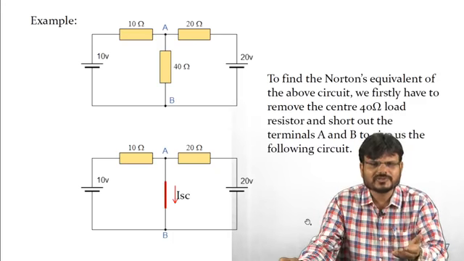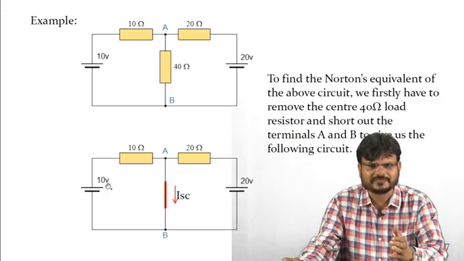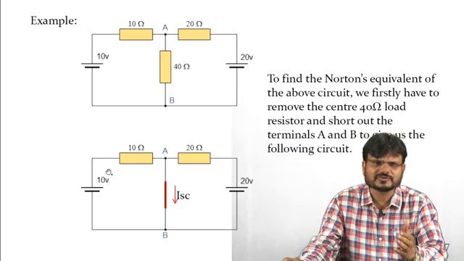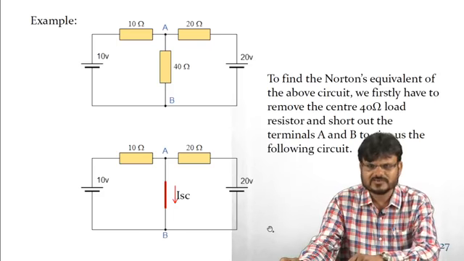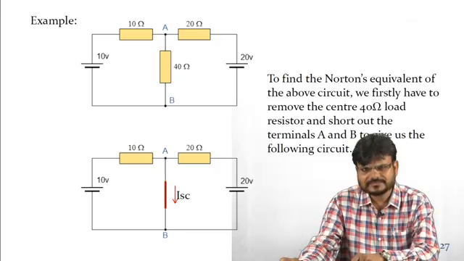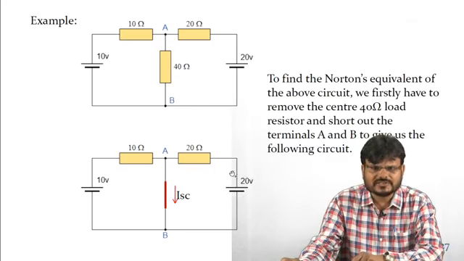So in the superposition theorem, what do you do? You have to consider one source at a time, and the remaining sources are replaced by their internal resistance. So first of all, you consider one source, that is the 10 volt source, and you replace the 20 volt source by its internal resistance. So how will this circuit be converted? Here you can calculate. It will be short circuited.